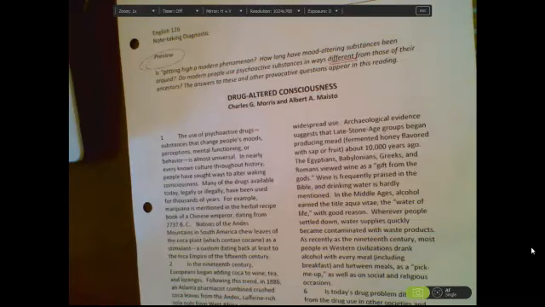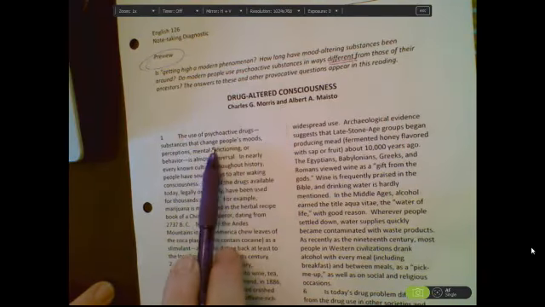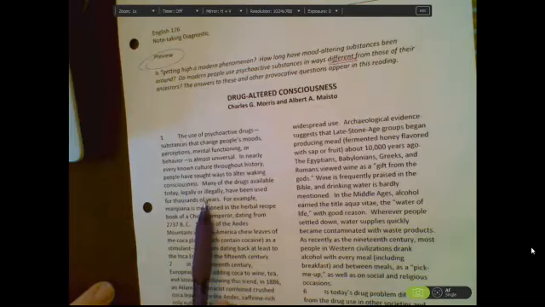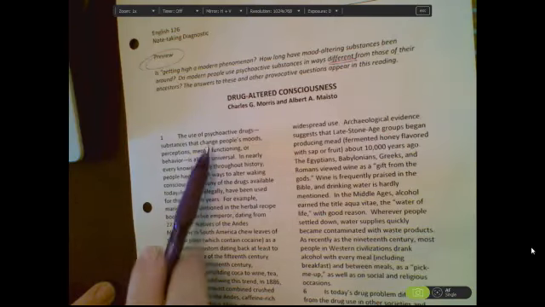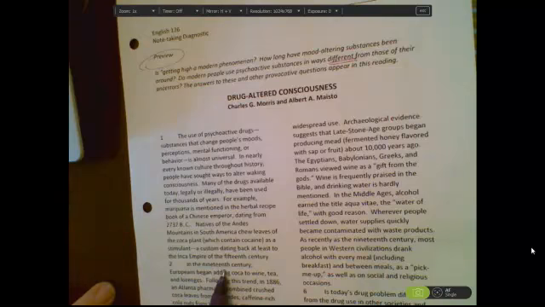Okay. When you're surveying before you read, this is a short article, you look at the title, and you decide when is the author changing ideas, what is it about? I see dates here, so I'm saying, okay, it looks like this is going to refer to the 19th century.